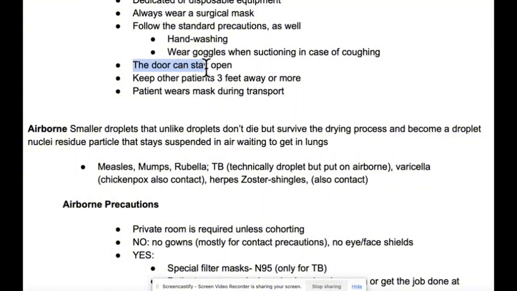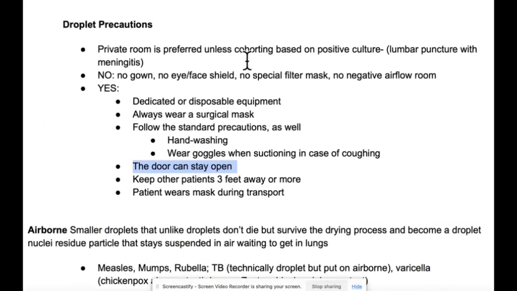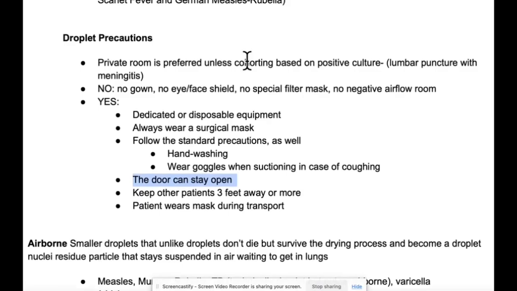All right, the door can stay open in a client who's in a droplet room. The door can stay open about 3 feet. All right, but you don't want the patient within 3 feet of their family, their loved ones. You definitely want them to keep that 3 feet distance.